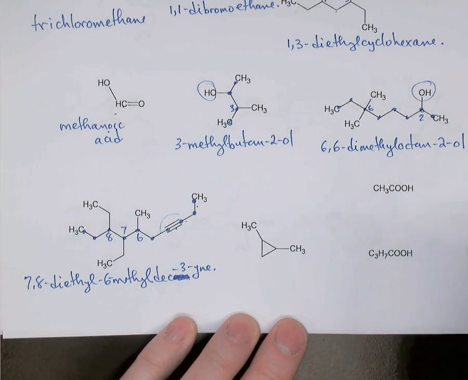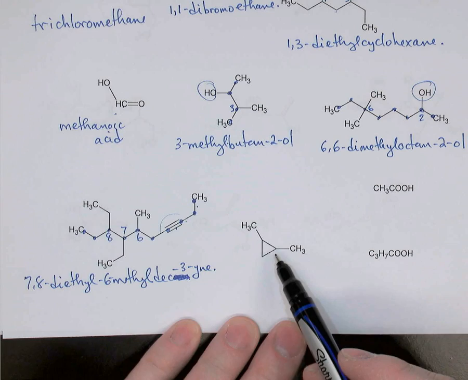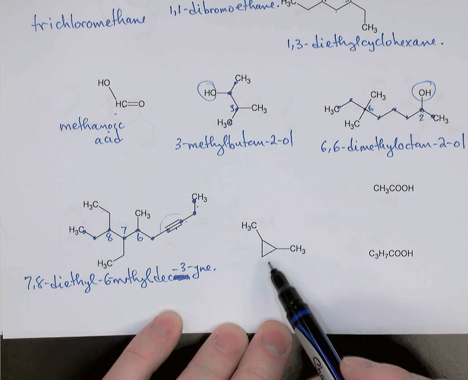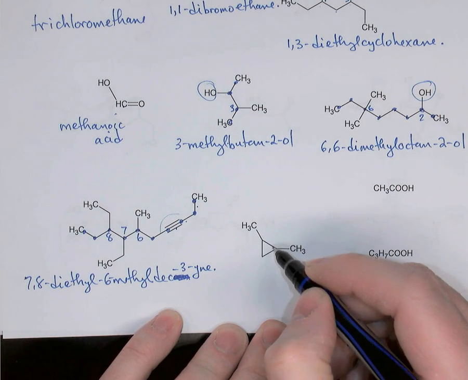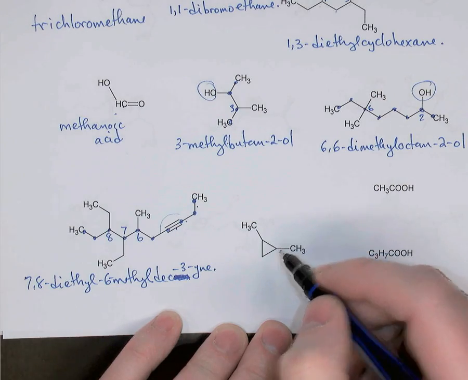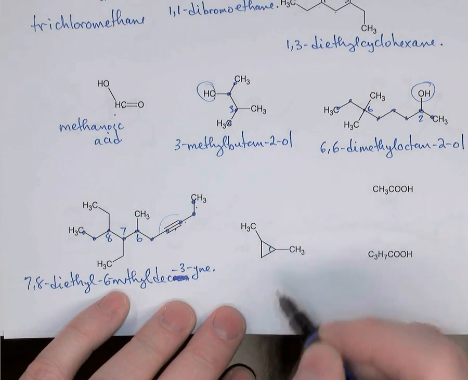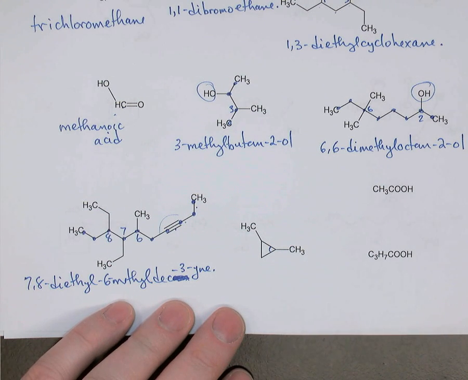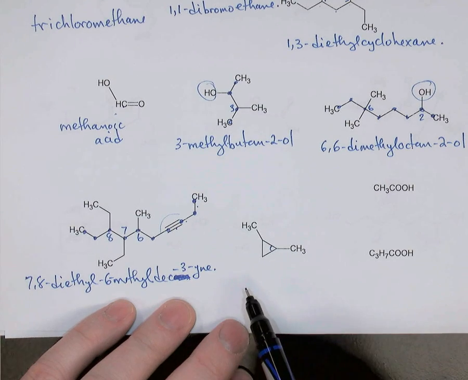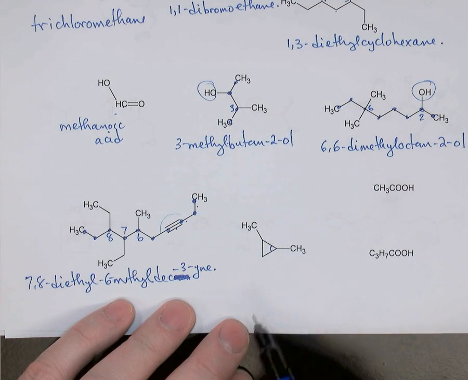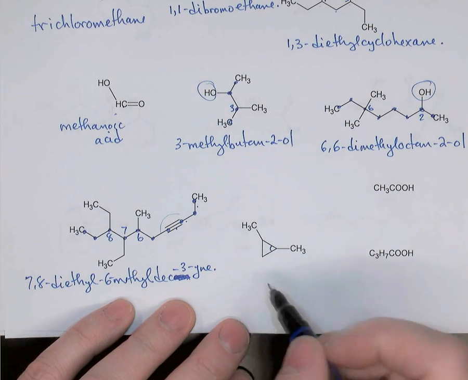Next we have another cycloalkane. This one's got only 3 carbons, so this particular cycloalkane is the one that has the greatest amount of ring strain, because the bond angles, which would like to be 109.5 degrees when you have 4 things attached, they've been squeezed down to 60 degrees. So this is a very strained molecule.